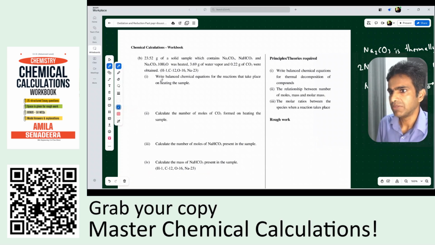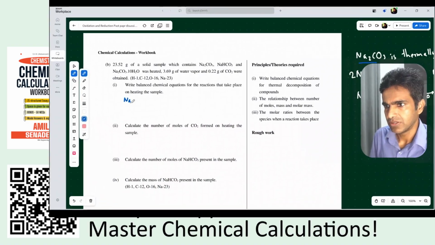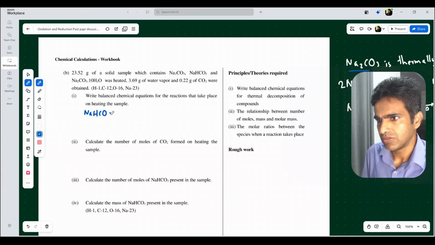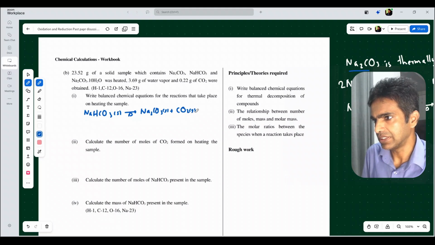So what is the first step? Write balanced chemical equation for the reactions that take place on heating the sample. We don't need to write about sodium carbonate because it is thermally stable. Then we can write about sodium bicarbonate. When sodium bicarbonate decomposes, products are sodium carbonate, it's a solid, carbon dioxide, it's a gas, and water vapor.